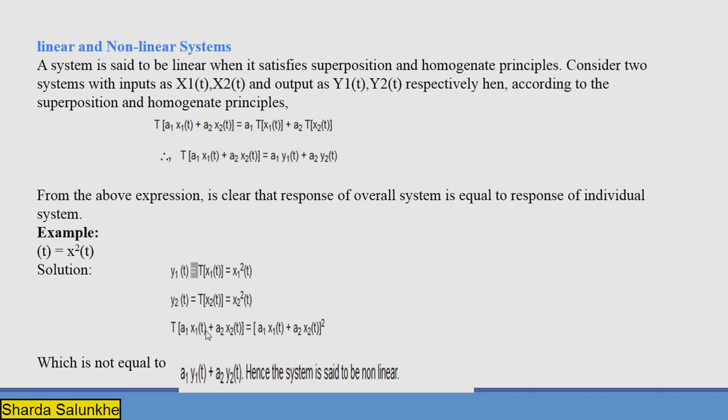Suppose we take the transformation of the overall system, that is a1 x1 of t plus a2 x2 of t. You will get a1 x1 of t plus a2 x2 of t, bracket square, because the input is squared. So which is not equal to a1 y1 of t plus a2 y2 of t. Hence the system is a non-linear system because this system does not obey the principle of the superposition theorem.